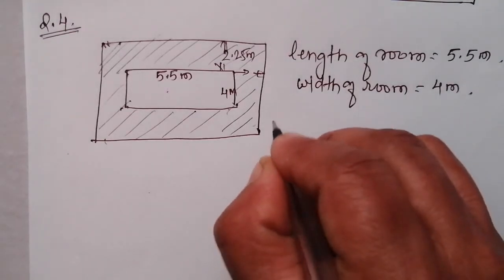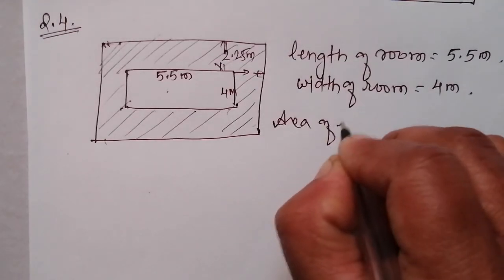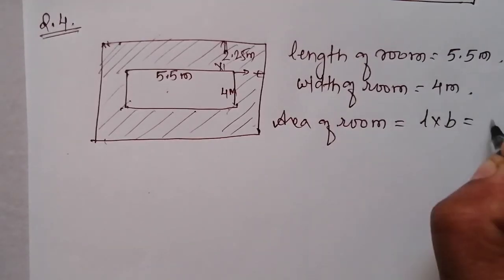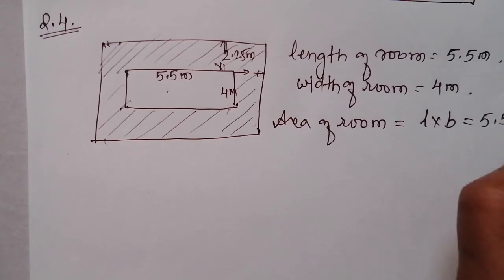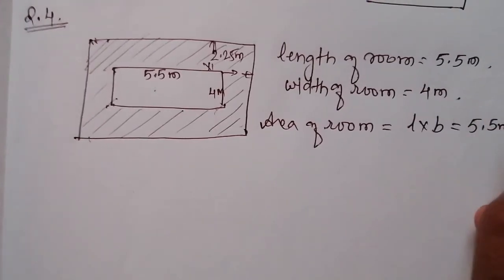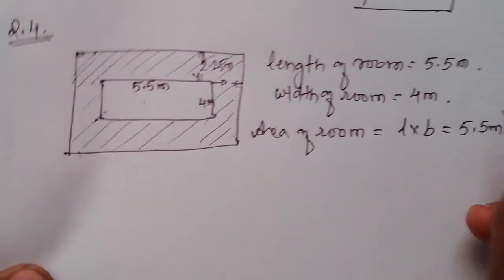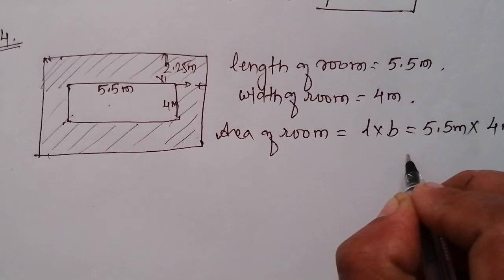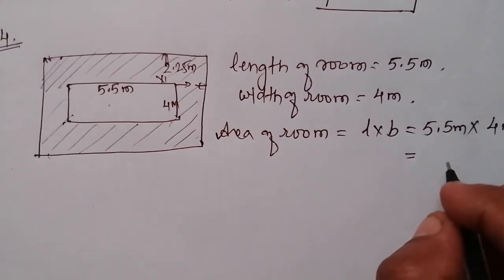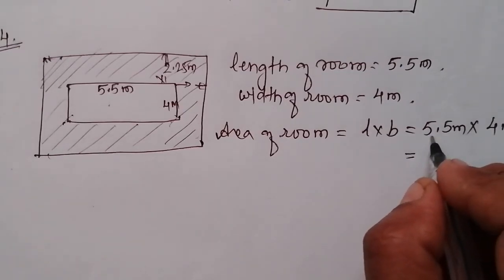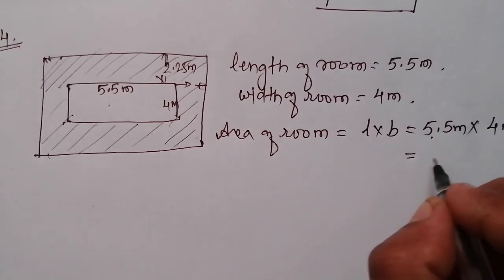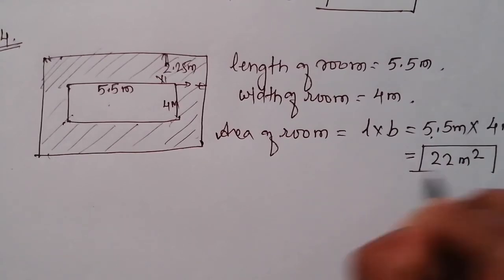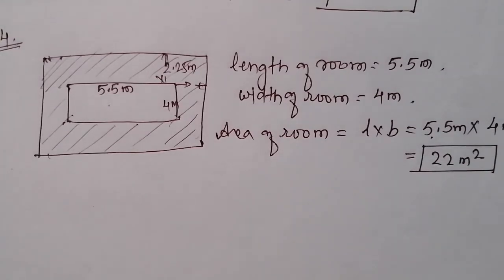So here directly you can find the area of room is equal to L multiplied by B is equal to 5.5 meter multiplied by 4 meter. If we multiply 5.5 by 4, it is 22 meter square. This is the area of the room.